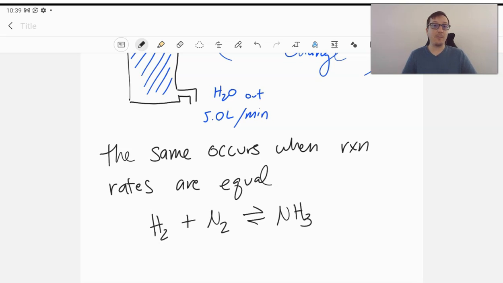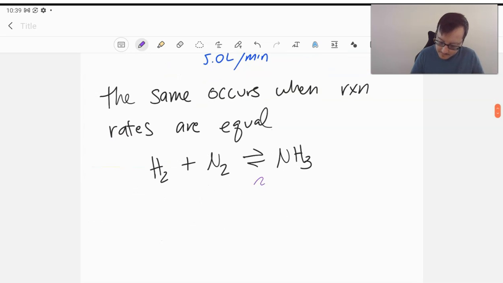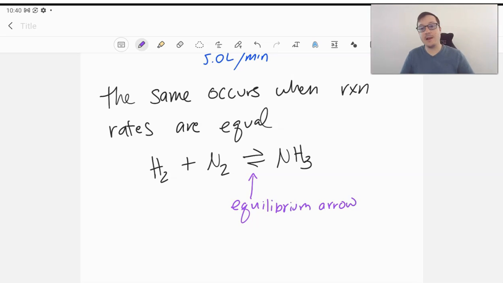Some reactions, though, are happy to go forward and reverse just at neutral conditions. And so we have a special arrow for this. We call it the equilibrium arrow. And this is to denote that the process is happening in the forward and reverse directions simultaneously. For some reactions we're okay to use a one-directional arrow because it's very difficult to make the system go backwards. For example, if we take a piece of paper and burn it, that's a chemical reaction, right?